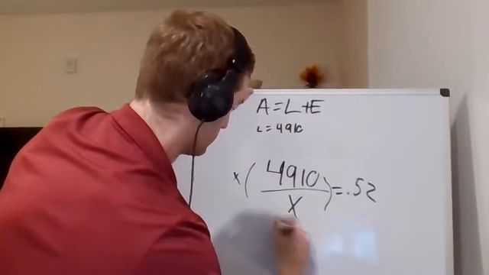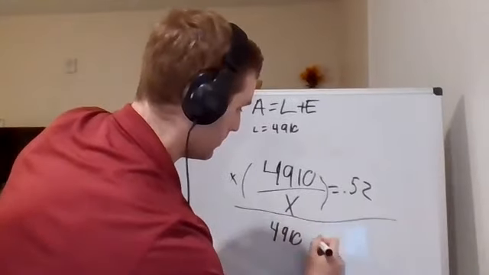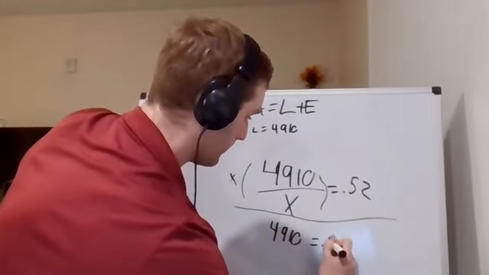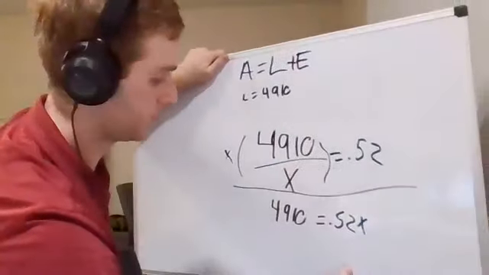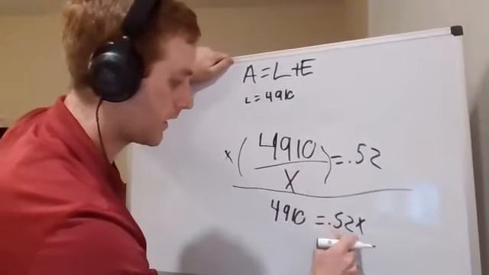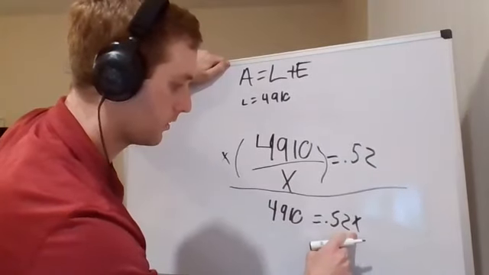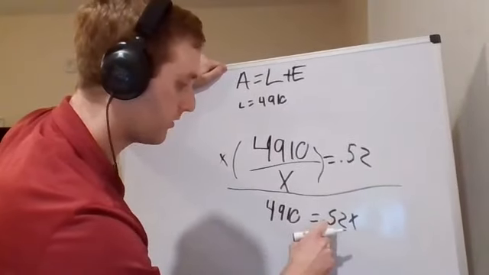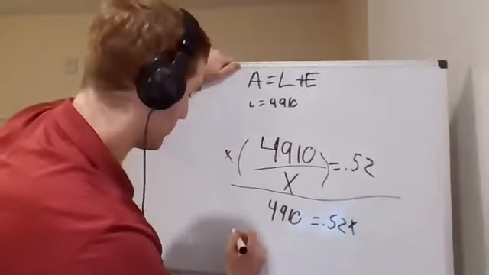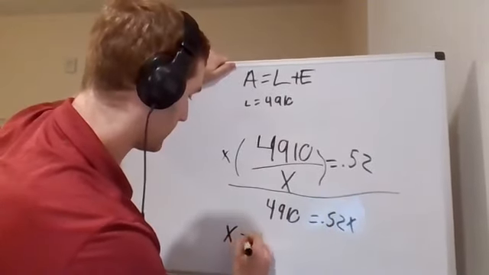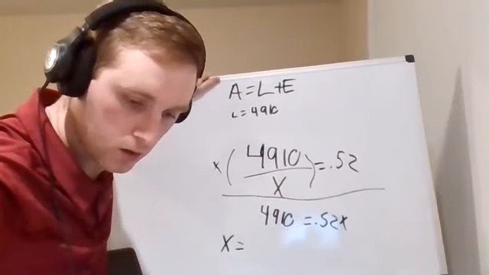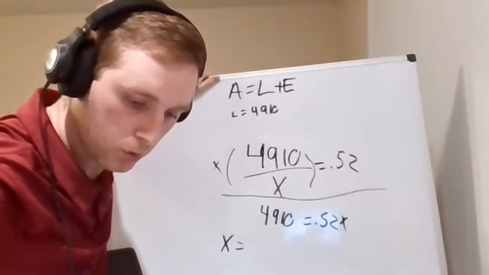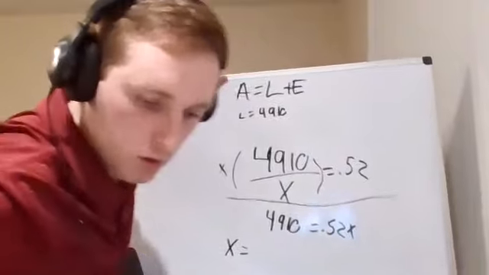Which gives me 4910 equals 0.52X, right? So now I got to get X by itself. I'm gonna multiply both sides by 0.52. So when I do that, I get X equals 4910 times 0.52.